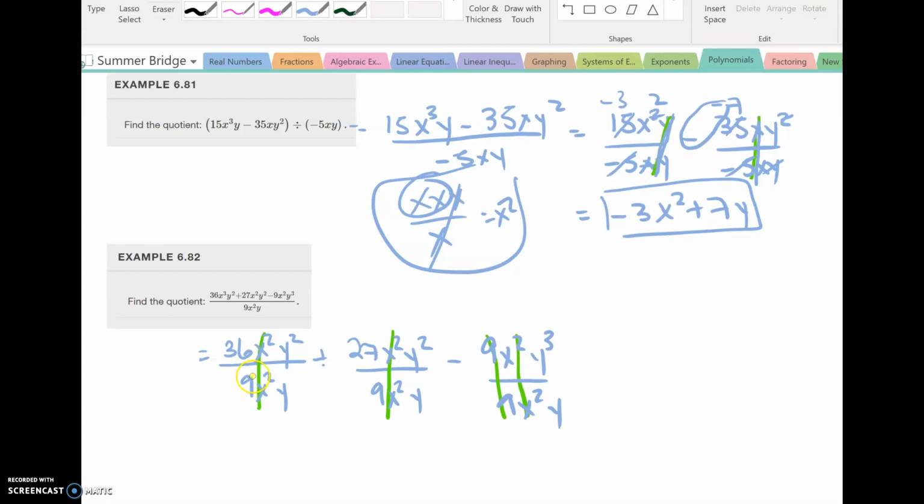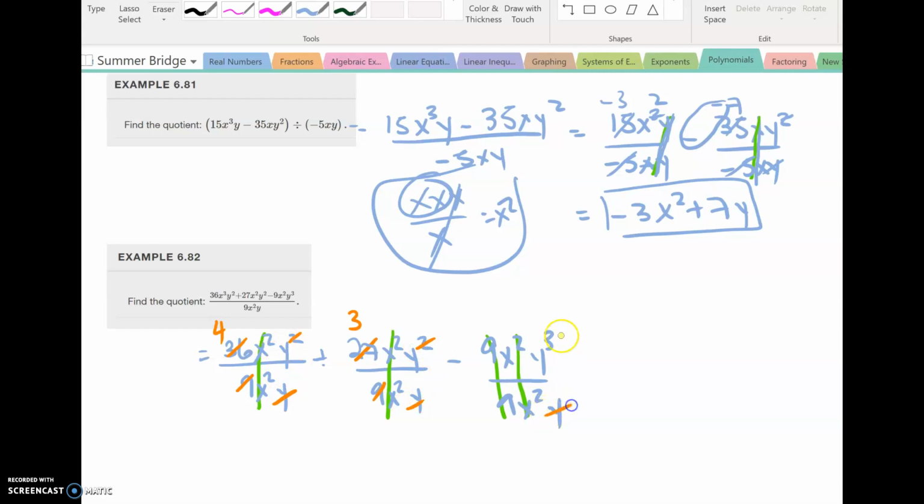I can do 9 goes into 36 4 times. 9 goes into 27 3 times. And then we said that the 9s already cancel. Now, y squared divided by y, that's going to end up canceling. We're just left with one y. Same thing here.